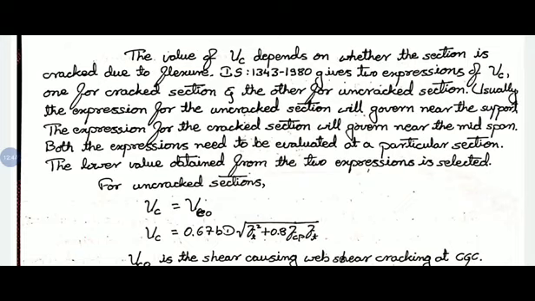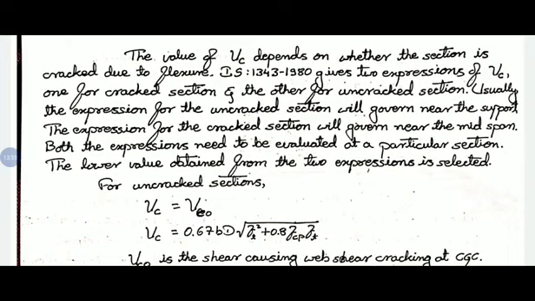So 1343 gives two expressions to calculate shear stress carrying capacity of the concrete. One for cracked section and another for uncracked section. So uncracked section will govern near the support and cracked section will govern at the mid span. But we need to go for analysis of both sections, support section as well as mid span section. Then comparing both, we need to consider whichever is less.